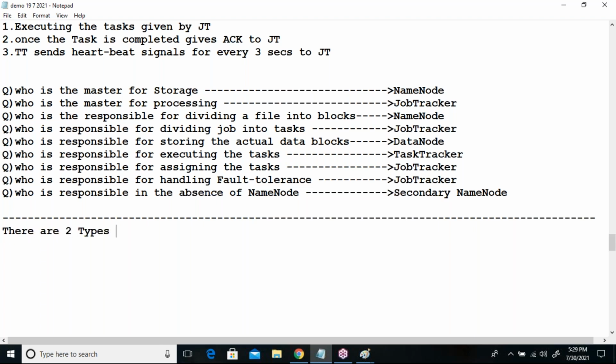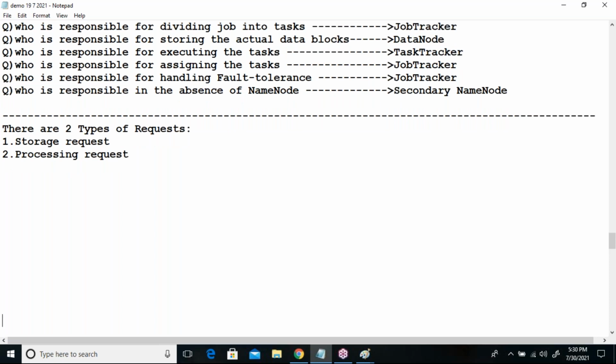There are two types of requests: storage request and processing request. First one, storage request.